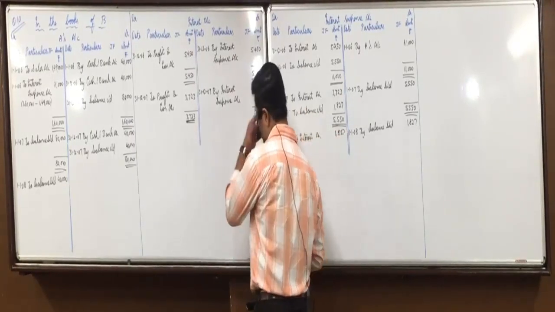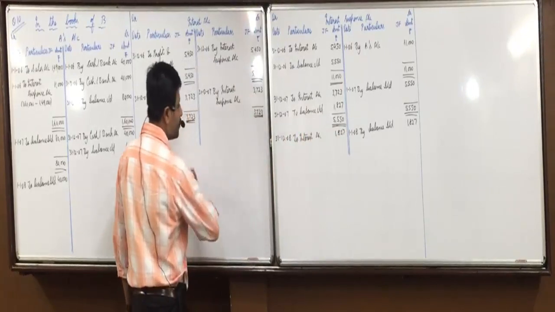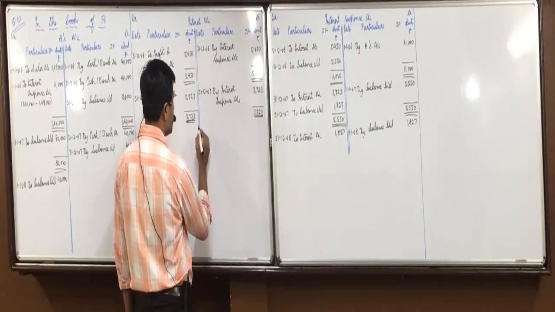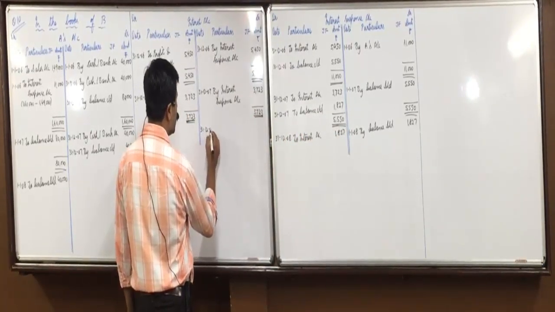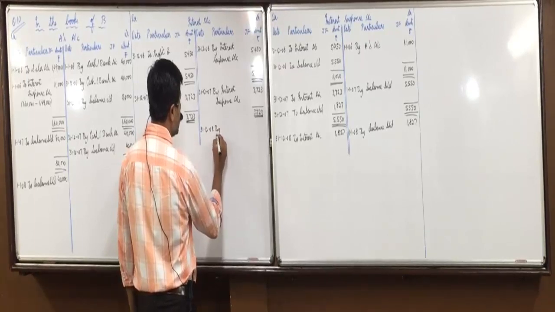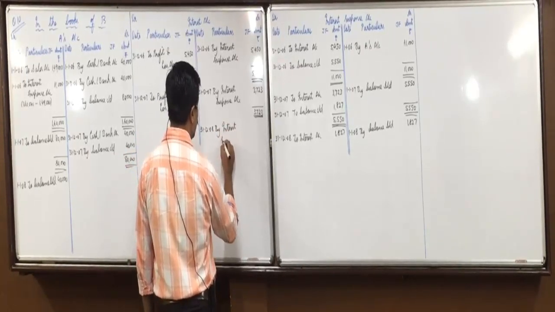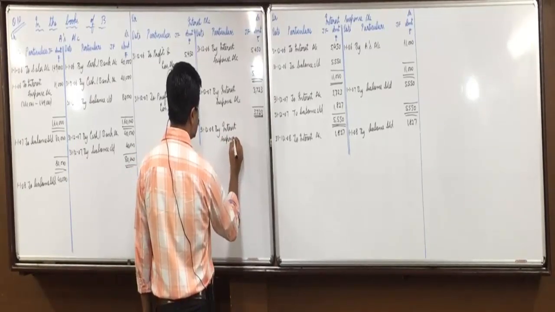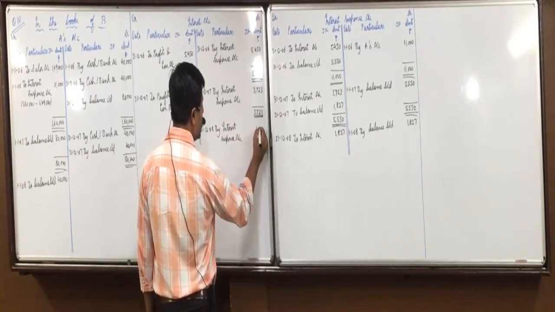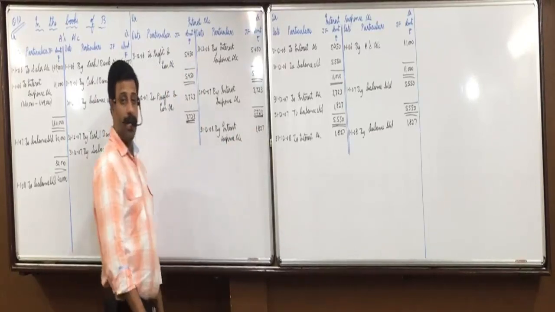And interest account on credit side, 31/12/08, by interest suspense account 1827. Are you all okay with this?